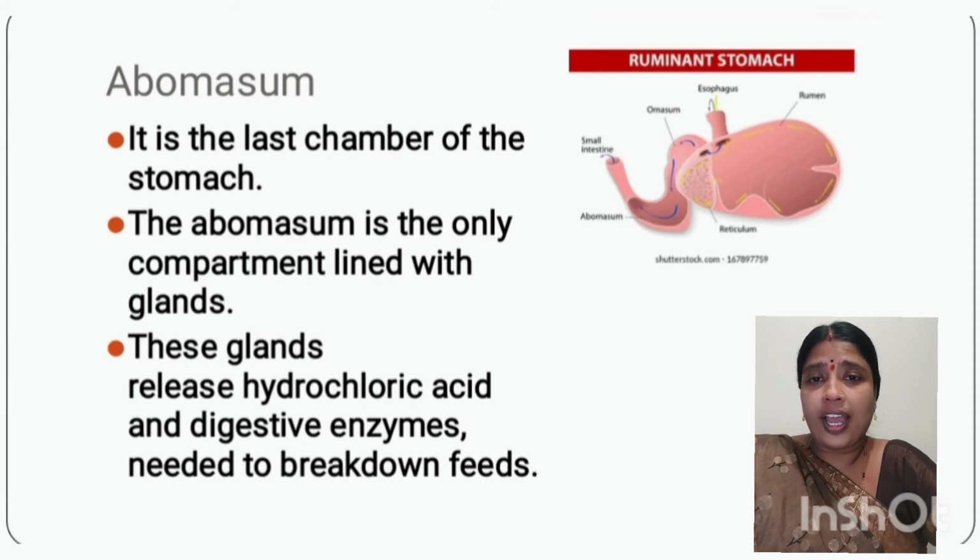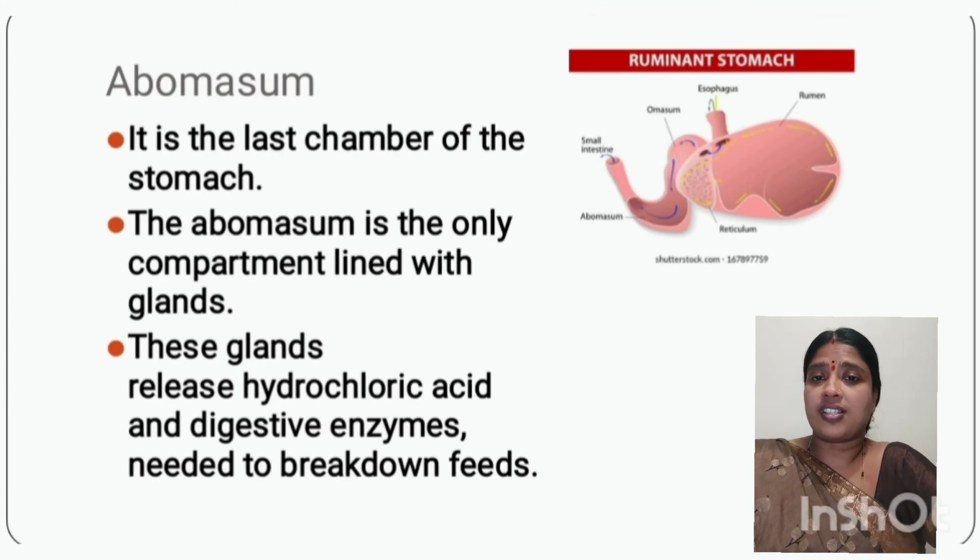And why do we require these digestive enzymes? These digestive enzymes or juices are required for the further breakdown of the food. So abomasum is the only compartment lined with the glands.